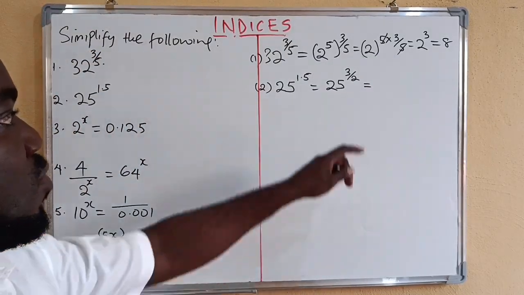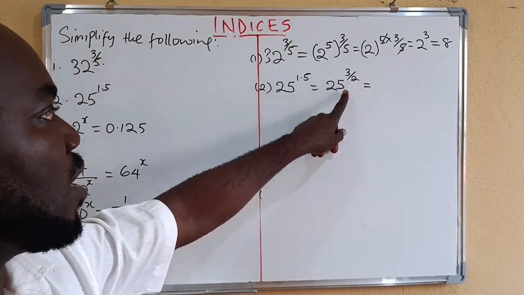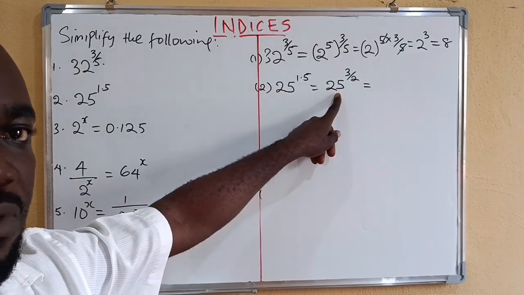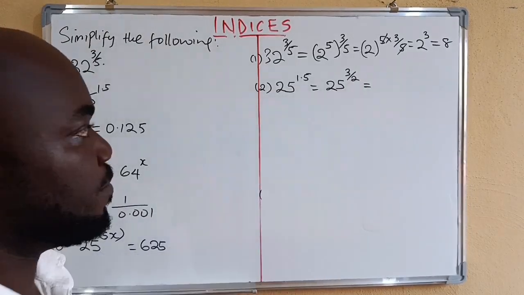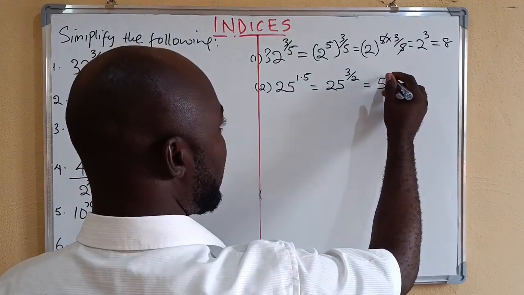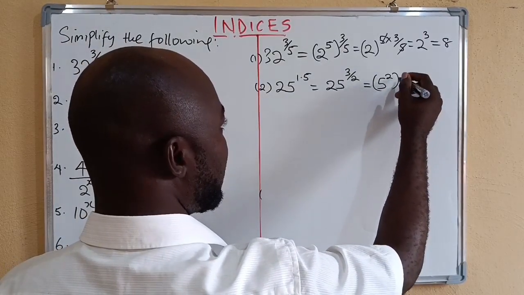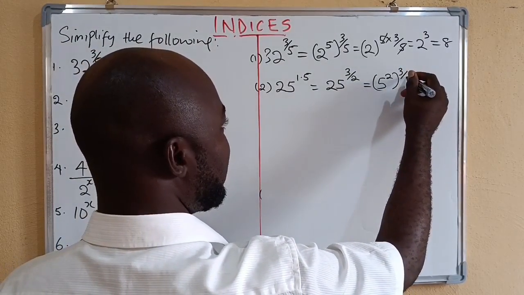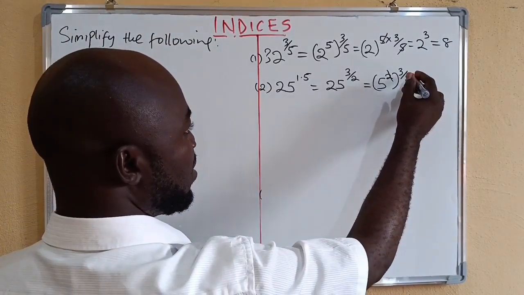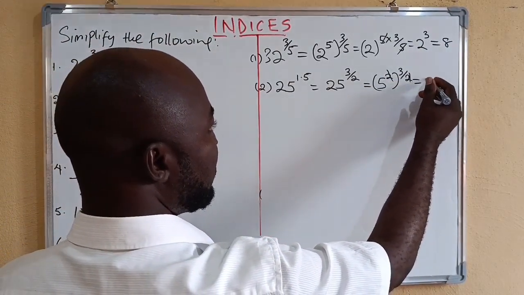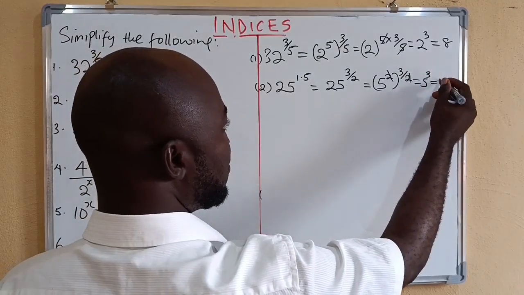Now my aim is to work on the denominator alongside the 25. So I'll raise 5 to the power of 2 so that it will tally with the denominator. So this is 5 to the power of 2, and then I'll have it multiplied by 3 over 2. So we cancel the 2 here. So I have my 5 to the power of 3, which is 125.